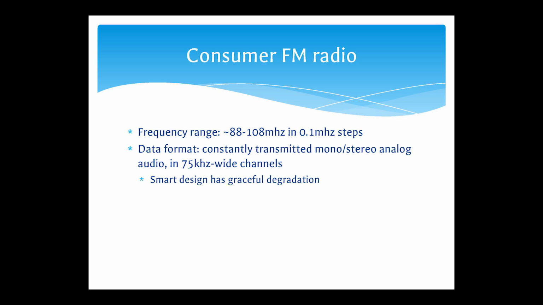This system, like color TV, is intelligently designed for graceful degradation. You can consider it two modulations, stereo and mono, and the stereo is a higher bandwidth system because it's two audio signals. But the way it's designed is that if you don't have enough signal to get both, you'll still get mono. It's the same way that color TV signals are actually kind of two separate signals in one.